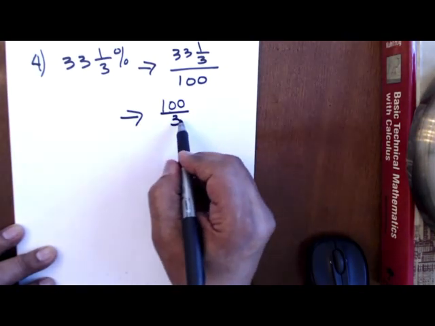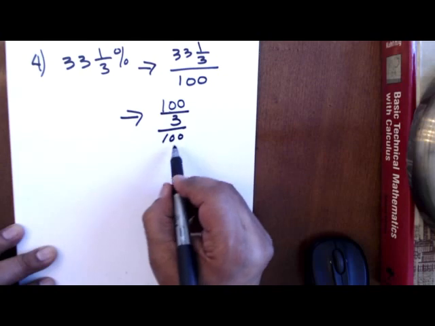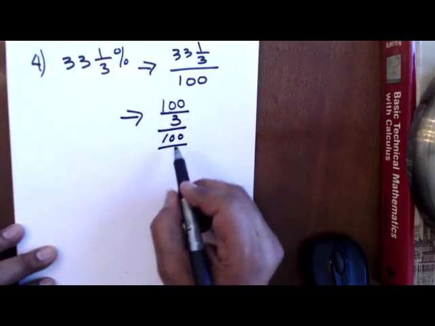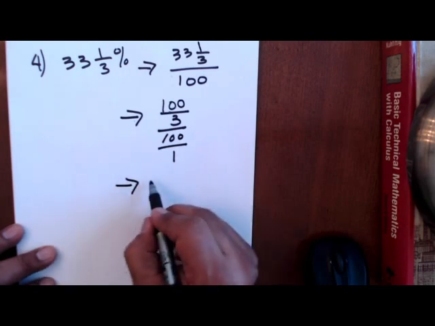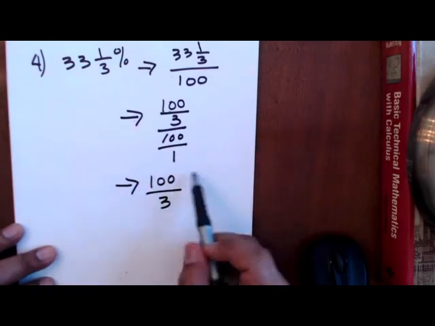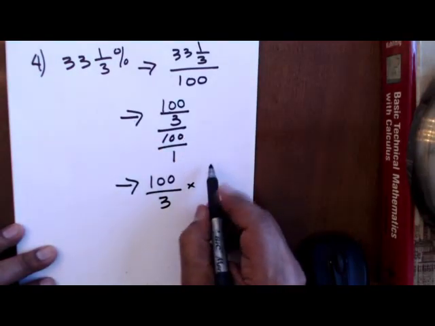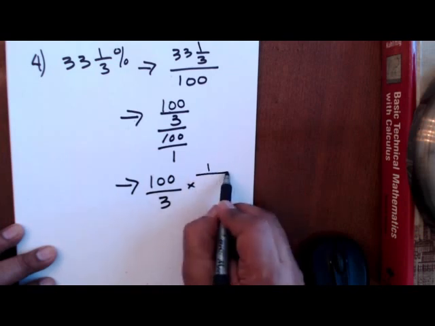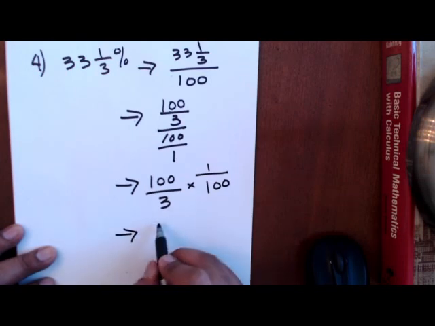But then that is divided over 100. Remember the denominator for the 100 is 1. Dealing with fractions, we know that we have to turn this into 1 over 100, and then the result is going to be 1/3.